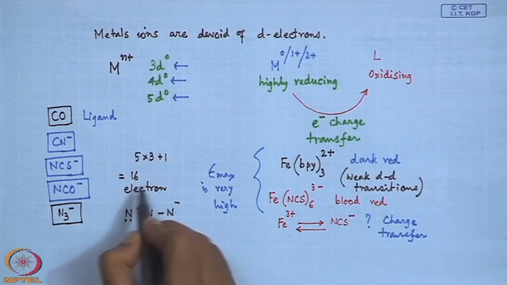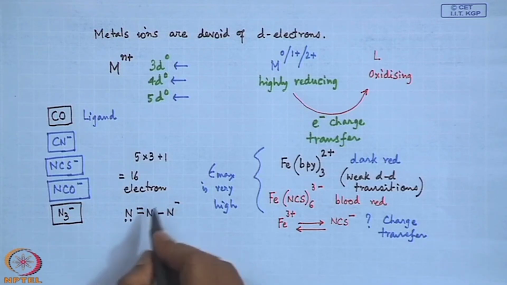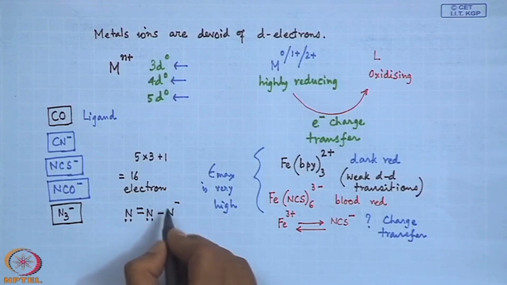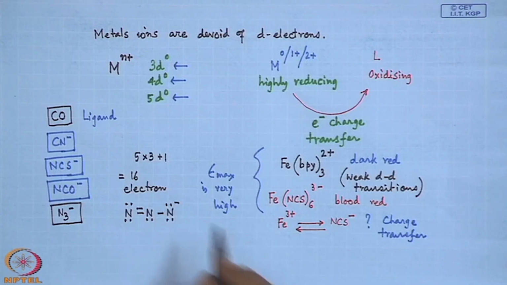So, altogether we can have 8 pairs of electrons, whether they are bond pairs or lone pairs. So, we will have all these, and we can have the charge also.